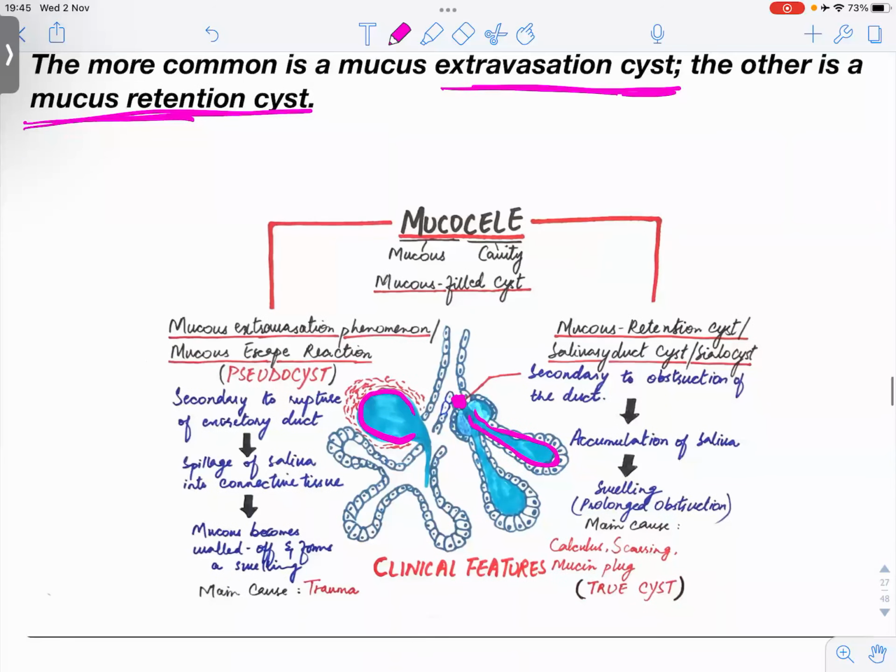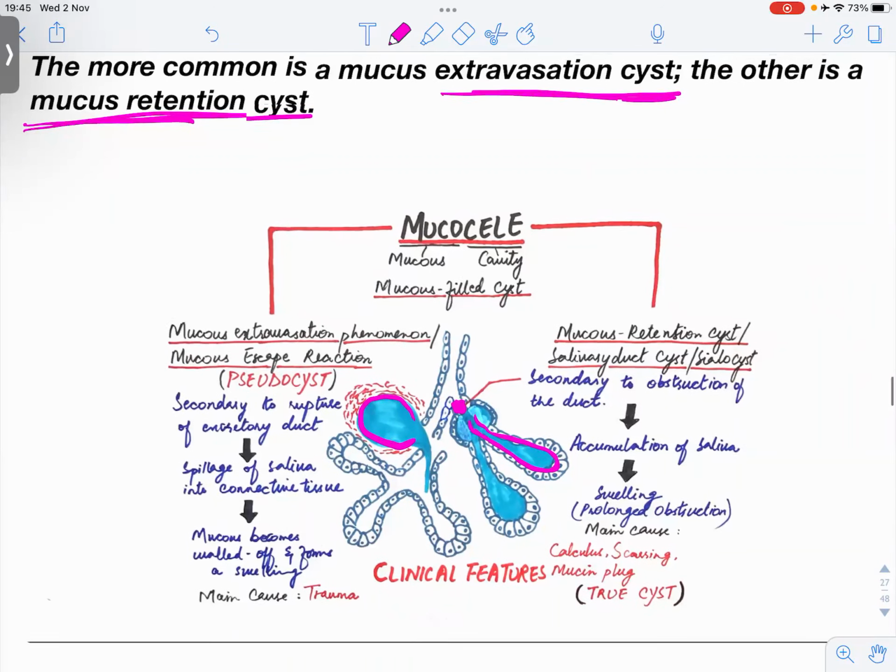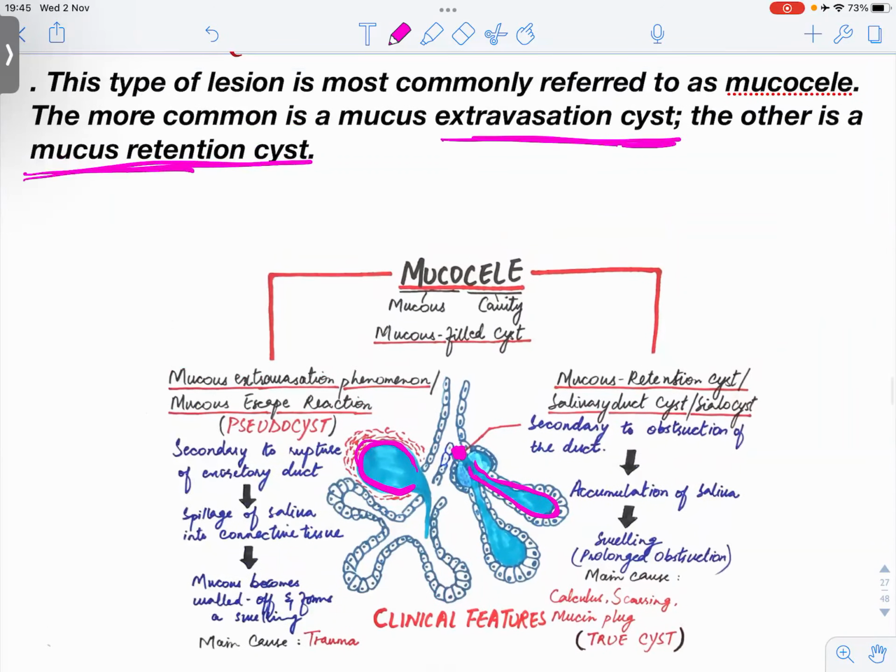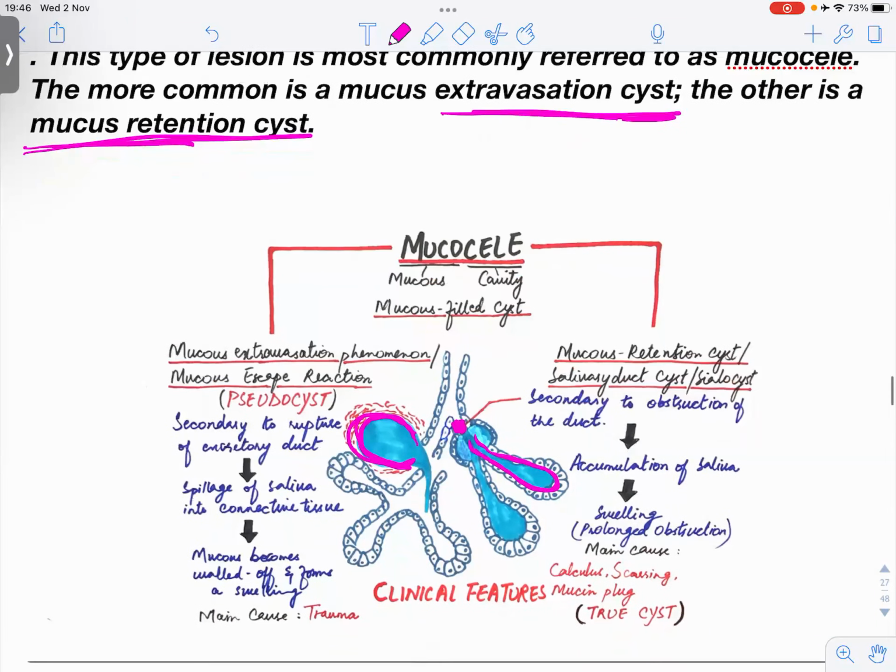Mucus retention cyst. So the first one, when the mucus escapes outside, is called extravasation cyst, and the main cause is trauma. The second one, when some obstruction blocks the duct, and the mucus accumulates inside the mucus gland, is called mucus retention cyst.